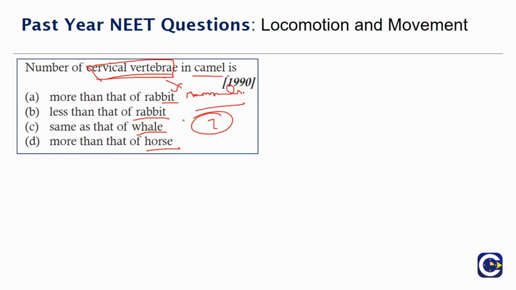So we have to look for the mammal here, which is whale, and it has the same number of cervical vertebrae as in camel. So the answer is same as that of whale.